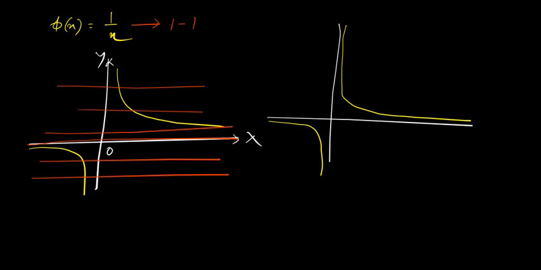If you take the projection of all of those points of this graph on the y-axis, this is the y-axis and this is the x-axis, then the projection is minus infinity to infinity except 0.